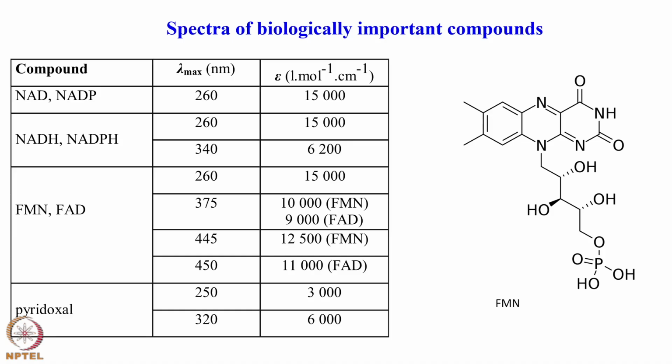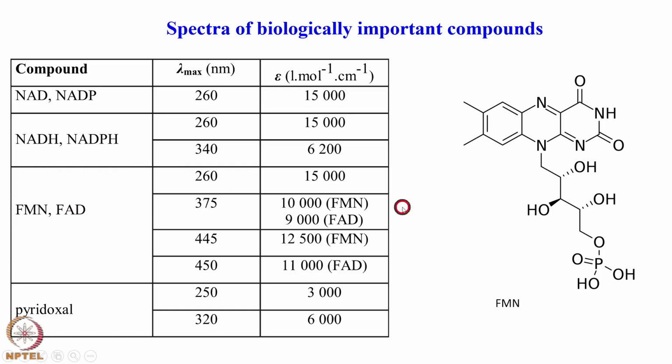Let us look at what are the important biological compounds that have absorption. So, you see NAD or NADP, these are like nucleotide bases, absorbs at 260, this is the molar extinction coefficient. NADPH and NADH, they are at 260 and 340 molar extinction coefficient.